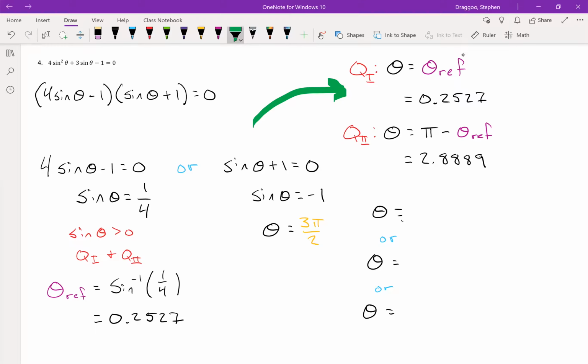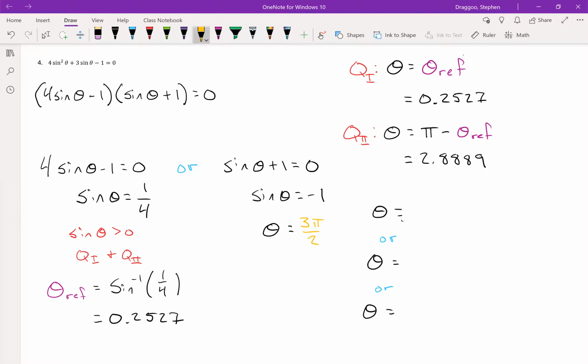Well, now I know that I should have a solution in quadrant 1 and in quadrant 2. In the first quadrant, it's just the reference angle. In the second quadrant, my angle should be pi minus the reference angle, and I get those two numbers, 0.2527 in quadrant 1 and 2.8889 in quadrant 2.